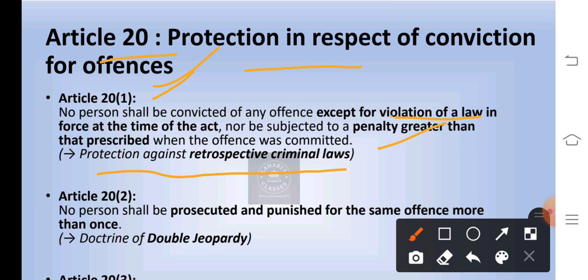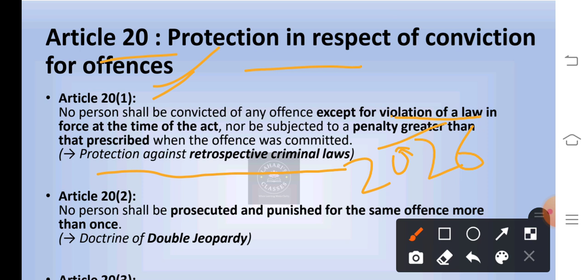So in simple words, I'll explain. For example, in 2025, there is no legal act that criminalizes a public smoker. So anybody who smokes in public is not put behind bars in 2025. But let's suppose an act comes in 2026, and it says that anybody who smokes publicly will be jailed for 3 months.